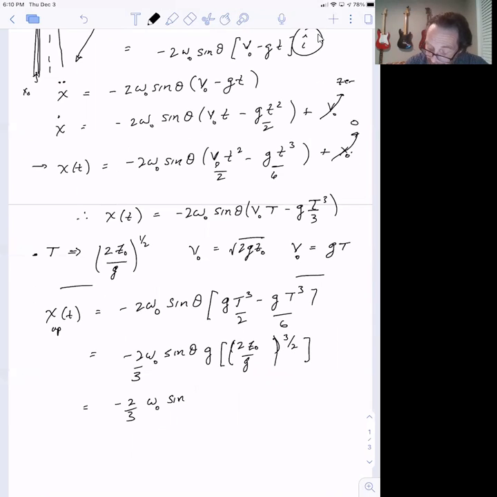The g goes in here. This is g to the power 1, obviously. So what I'll have is 2 z naught, we'll keep that as a cubed. I want to express this in terms of a square root, so I'll call this 2 z naught cubed and put a g inside, because there will then be a square root left over when I bring this in here, g squared over g. So this will come out to be that to the power 1/2. Notice I've got an extra factor of 2 here.